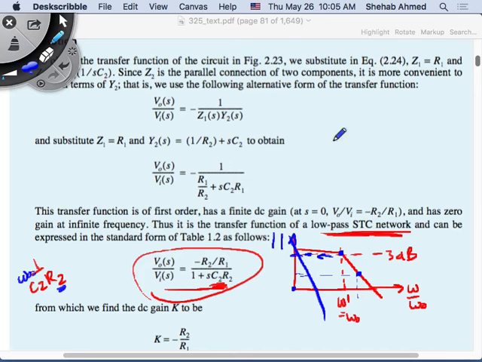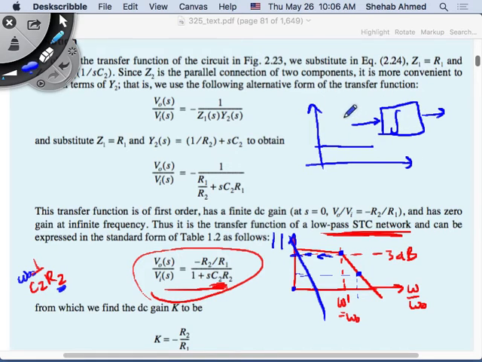So think of applying a DC signal to an integrator. This is a better way to explain. If you apply this signal through here, what do you get at the output? You get a ramp, right?